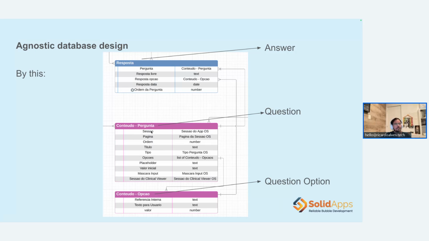We have a table with questions, a table with question options, and a table with answers. So tables in pink are filled by the admin, and tables in blue are filled by the user, right? You can see that in the question, we have the app section, we have the app page, we have the order, the title of the question.